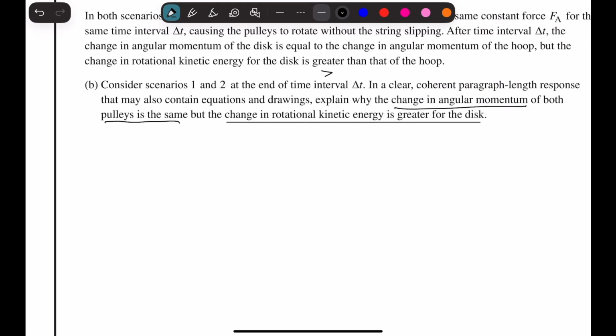So, what this means is that for the torque, we know that torque is the same. That's because both pulleys experience the same Fa that is applied at the same radius r.